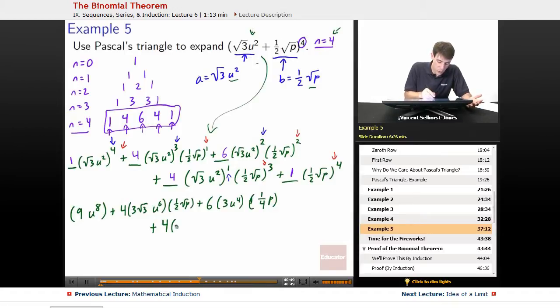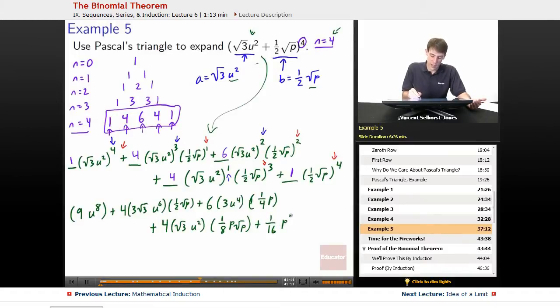Well, that just stays as root 3 u squared times 1/2 root p cubed. 1/2 to the 3 is 1 over 8. Times root p cubed is p root p. And then finally, plus 1 times 1/2 root p to the 4th is going to be 1 over 16. Root p to the 4th is going to come out as p squared.